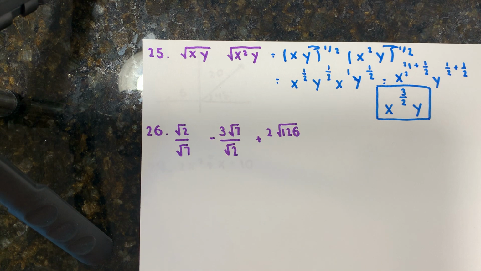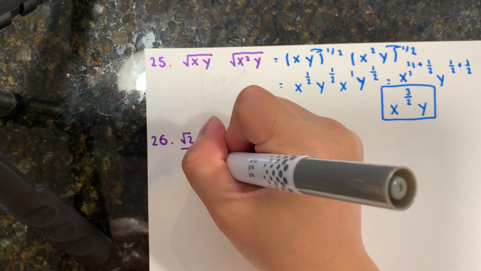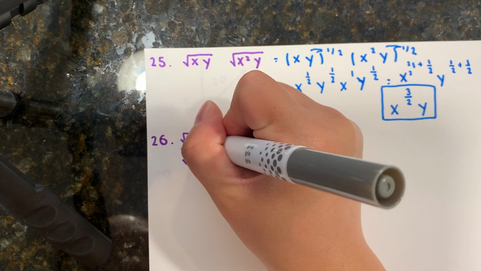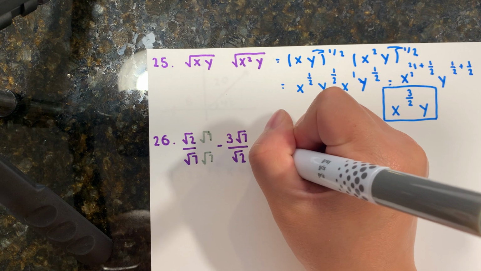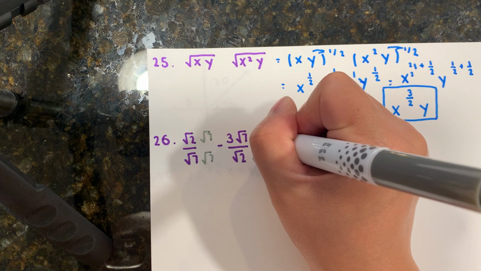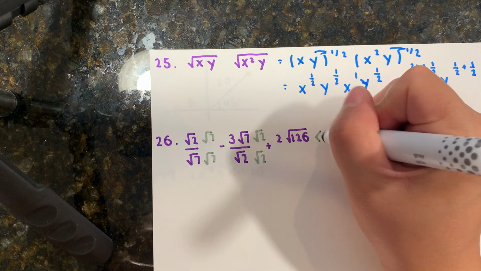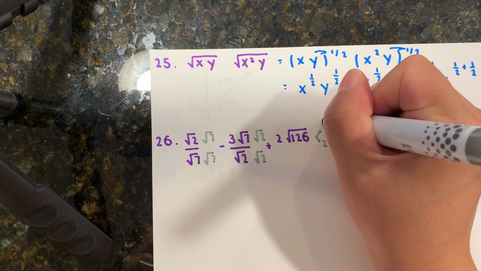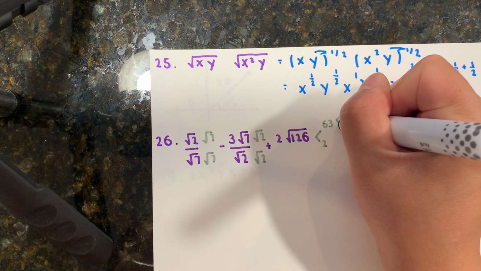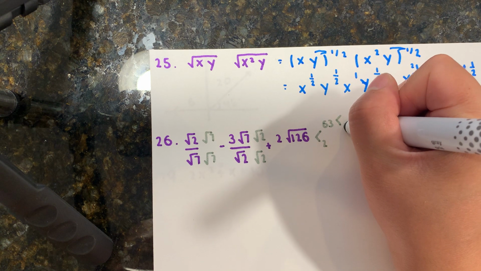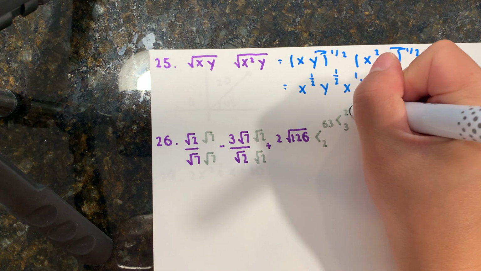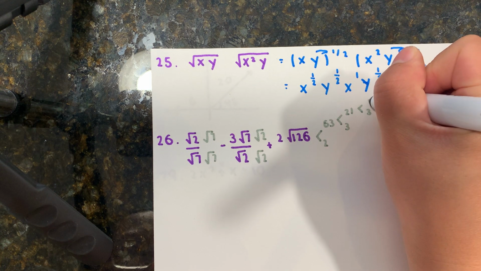Now for number 26, the first thing that I have to do is get rid of the square root that's in the denominator. So I'm going to multiply top and bottom by the square root of 7, the square root of 2. I'm going to simplify 126, so that'll be 2 and 63. Then 3 and 21, then 3 and 7.